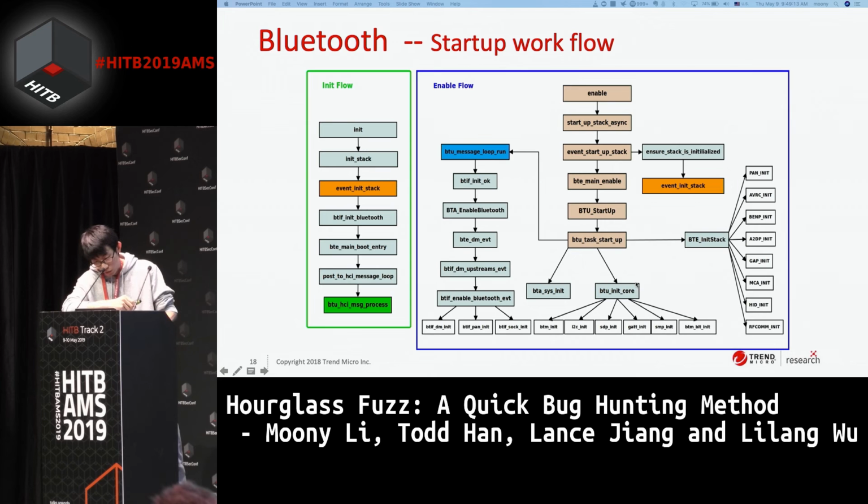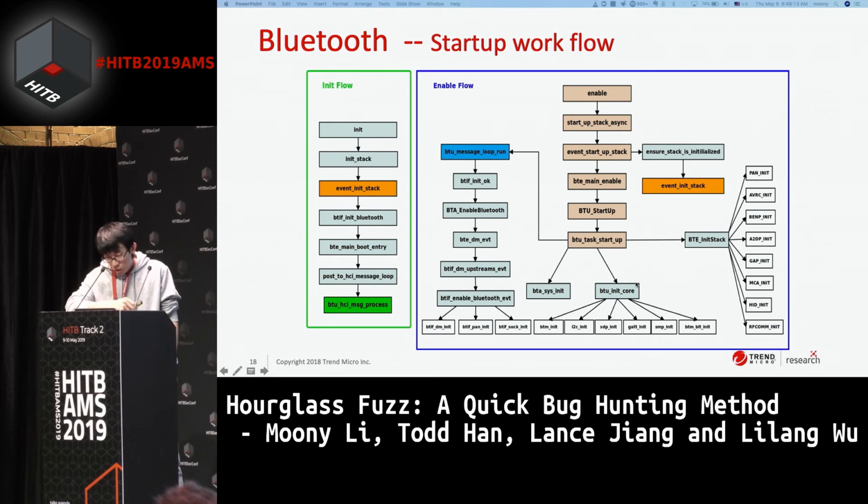So now let's see the enable flow. Not like the init flow, the enable flow will finish many initializations for each state machine of each profile. At the beginning of it, there will be a branch to check whether the init flow is done.